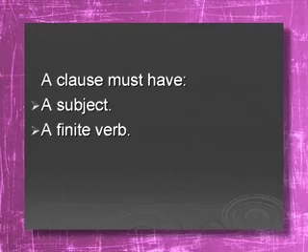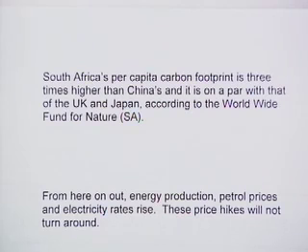We're going to look at a few more sentences. We're going to start with find the finite verbs, decide on how many clauses, look for conjunctions. Let's do that now. Here is our first sentence. South Africa's per capita carbon footprint is 3 times higher than China's, and it is on a par with that of the UK and Japan, according to the Worldwide Fund for Nature.